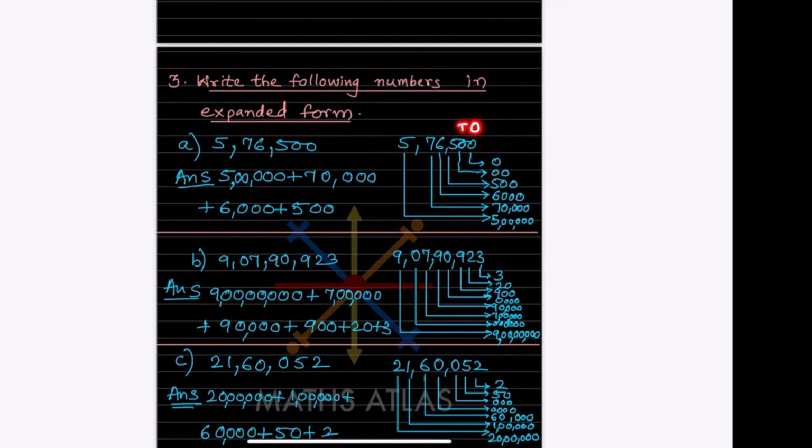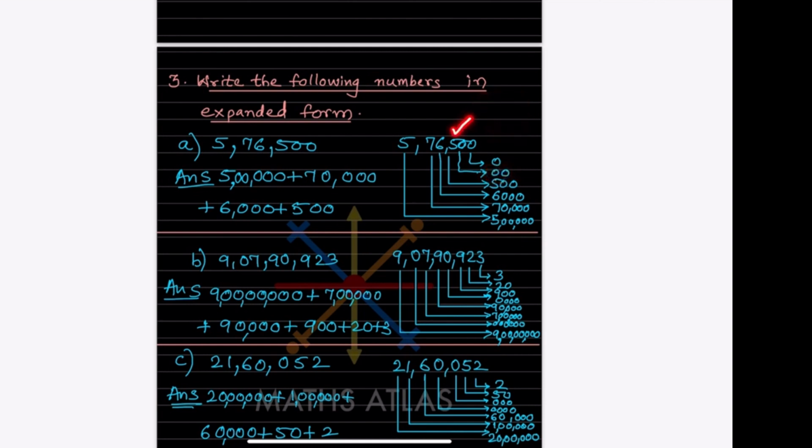This is ones, tens, hundreds, thousands, 10,000, and this is lakh. So 0 is on the ones place. So 0 into 1 is going to be 0. Again here is 0. 0 is on the tens place. 0 into 10 is going to be 0. But I wrote 2 zeros here just for your understanding, because tens and ones, right? So here 0 and 0.